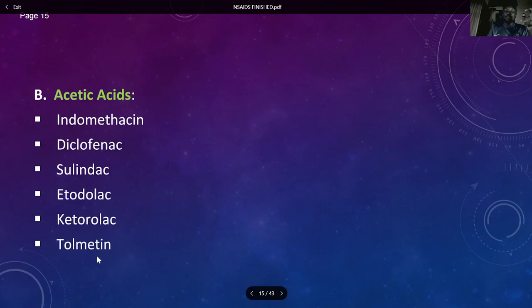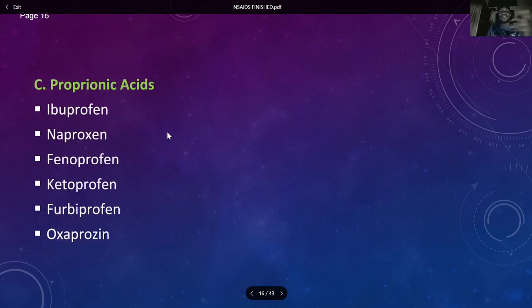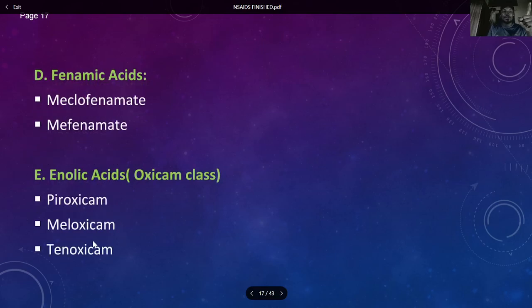Now for acetic acids, we have indomethacin, diclofenac, sulindac, etodolac, ketorolac, and tolmetin. For propionic acids, examples include ibuprofen, naproxen, fenoprofen, ketoprofen, flurbiprofen, and oxaprozin. Now for fenamic acids, we have meclofenamate and mefenamate.